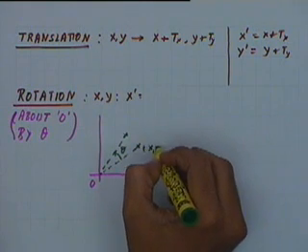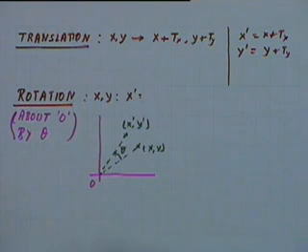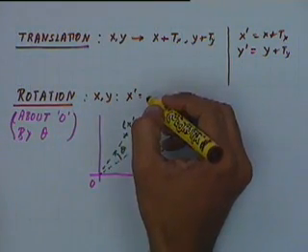This is the point xy, this is the point x prime y prime. What will be the value of x prime and y prime? Anyone?